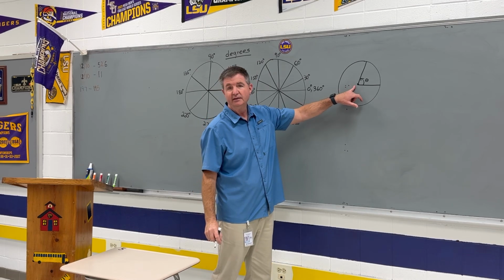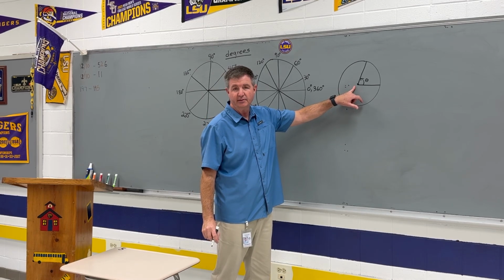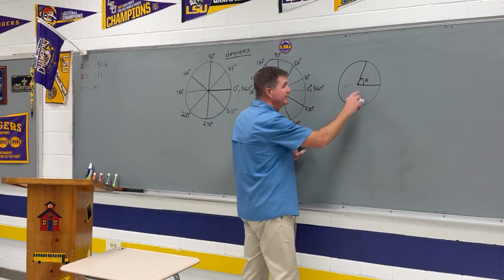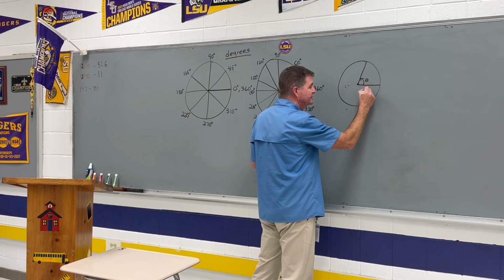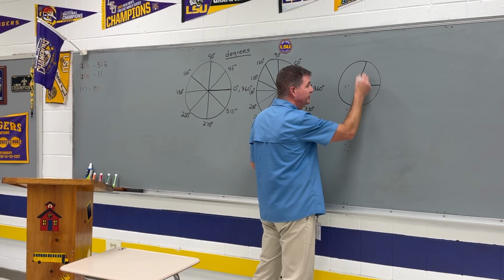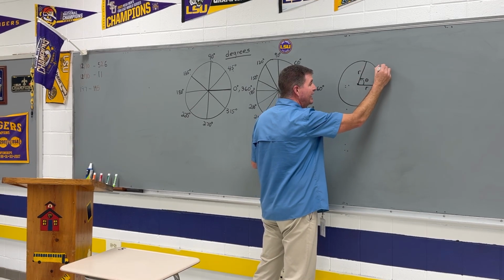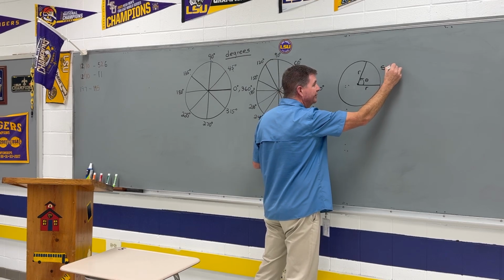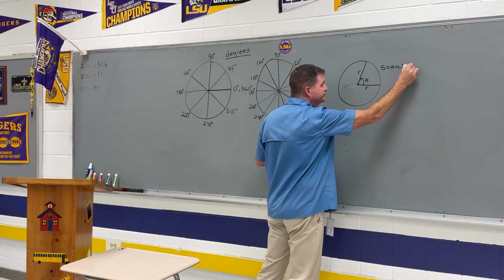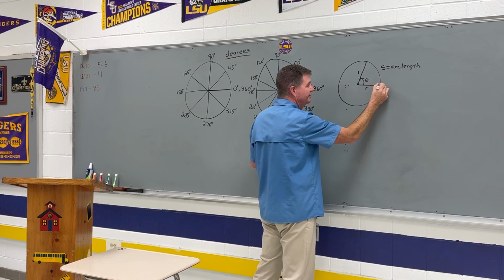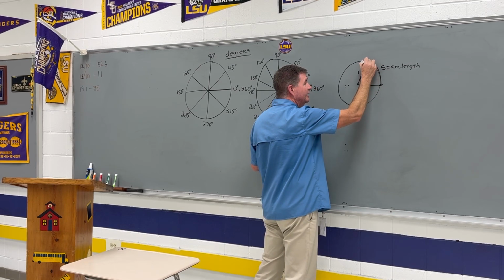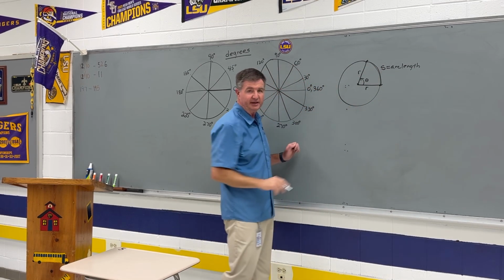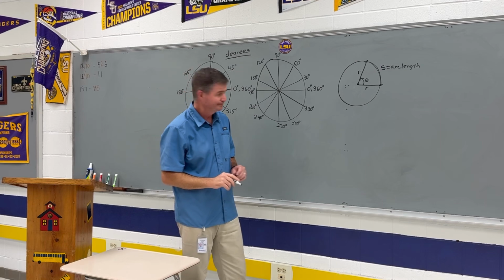Central angle being the center of the circle is its vertex. It's the angle that happens when we have a radius, which is the sides, and we have something called an arc length. This arc length means around the outside of the circle, but only part of it.